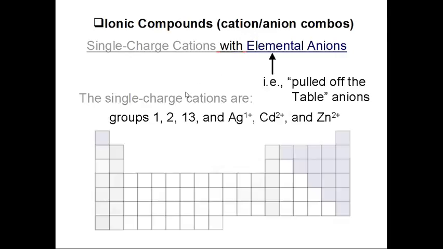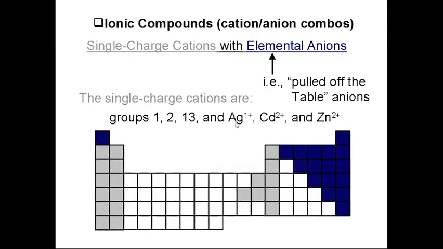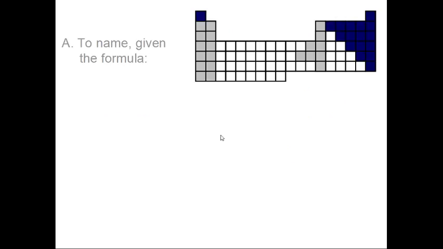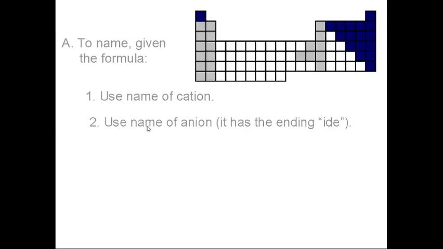Single charge cations, as I just said, 1, 2, 13, and then silver is always going to be +1. Cadmium and zinc will always be +2. Use the name of the cation and use the name of the anion. Now, anytime you write the name of the anion, you change the ending to "-ide." You always change the ending to "-ide." That's the only thing you got to do. Normal name off the periodic table for the cation, ending to "-ide" for the anion. Okay, so let's check it out.